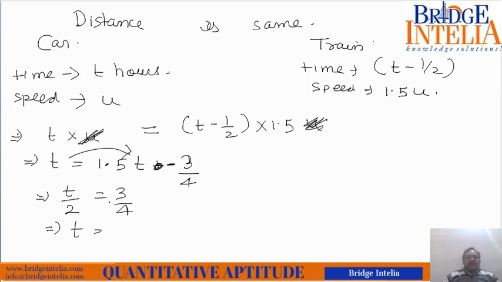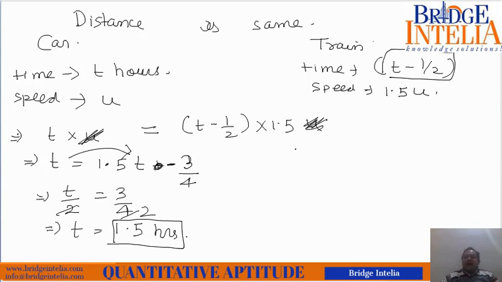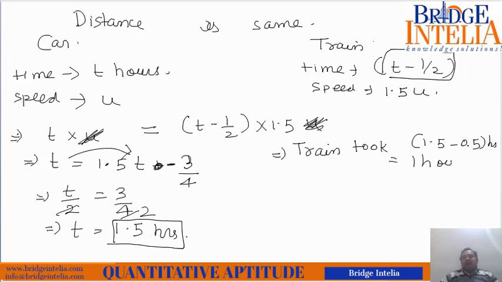From here it can be concluded that t is equal to 3 by 2 or equal to 1.5 hours. It means the car traveled for 1.5 hours, whereas the train traveled for t minus half hours. So train took 1.5 minus 0.5 hours, that is equal to 1 hour.